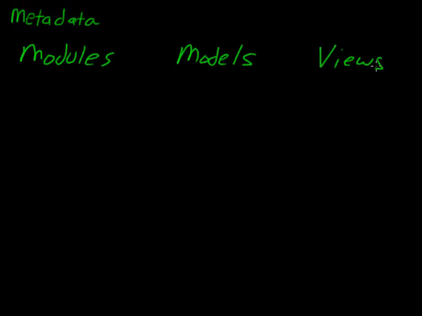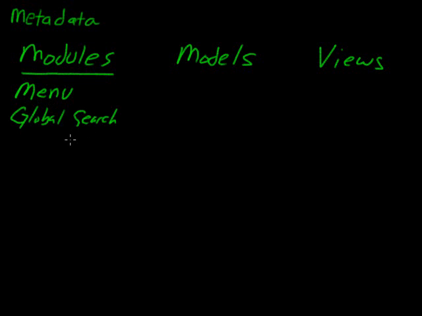For example, modules have metadata about menus. For the account menu, there are links at the top of the page, for example, to create an account or to view a list of accounts. Those menu links are stored in the module metadata. The global search information, so what fields in accounts are part of the global search, is also in the module metadata.